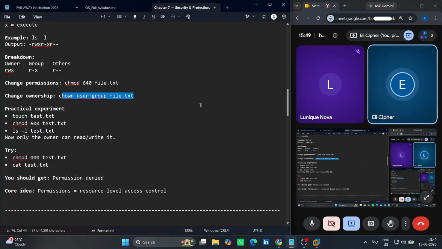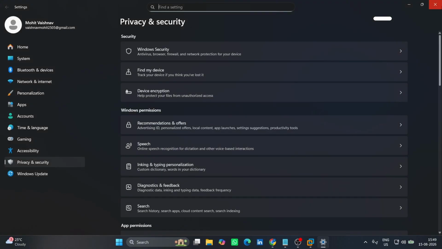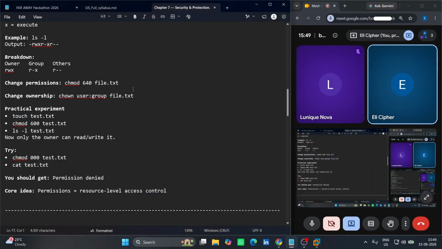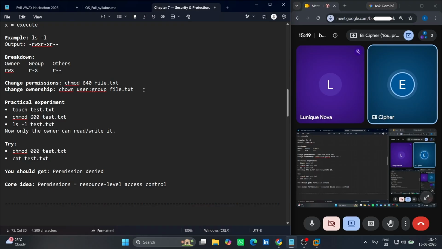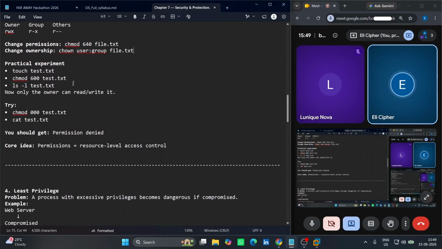We will do this in the next class, right? Because I am confusing a bit here. Okay, let's move to another thing. This experiment we have already done.